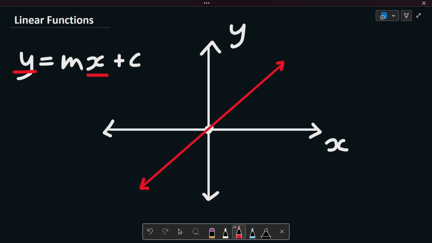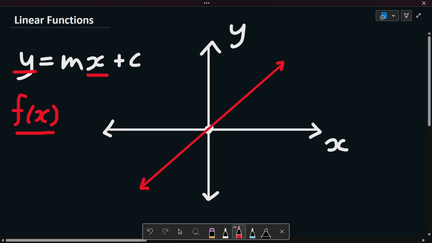But if you are in grade 10, you will see that we are going to be working with f of x. You would see this pop up a lot. This f of x just means the function of x. Obviously, you can write it in the functions introduction video. You could also write it as g of x.